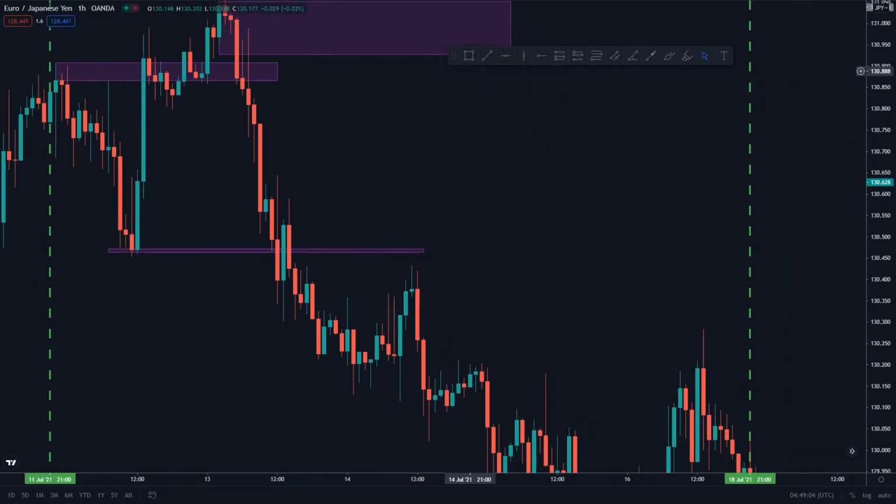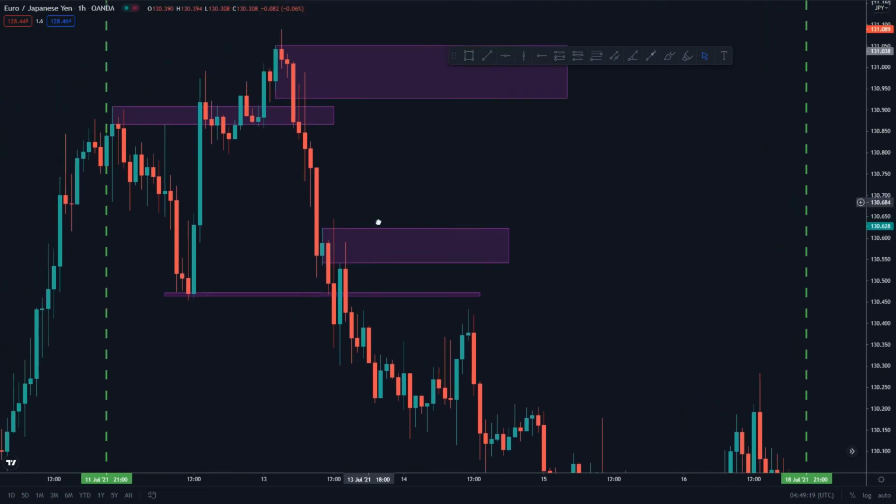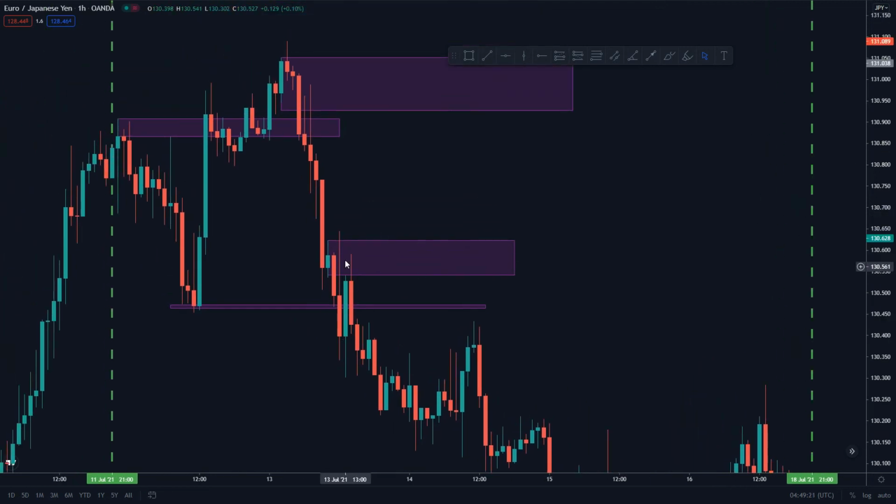So this one and this one, I'm interested to take a trade, but as you can see, the market broke and came back to this one, broke here and came back to this one, broke and came back to this one.